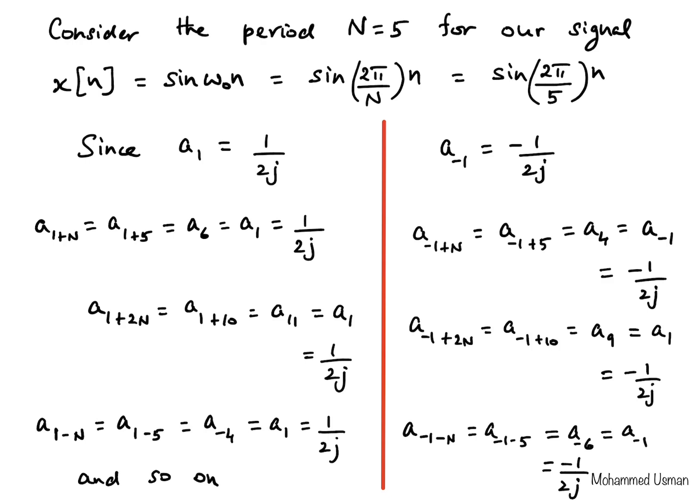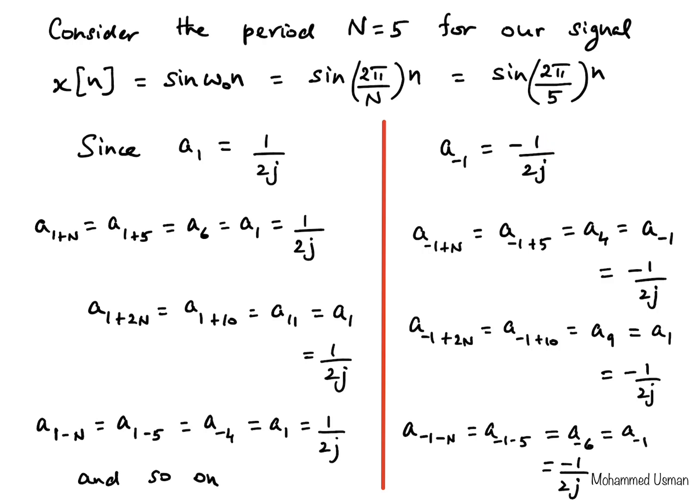So let's fix some period for n. Let's give it a value of 5. So the period n is assigned a value of 5, in which case our signal becomes sine 2 pi by capital N times n, which is 2 pi by 5 times n. So the value of a1 is still 1 by 2j, and a minus 1 is minus 1 by 2j.